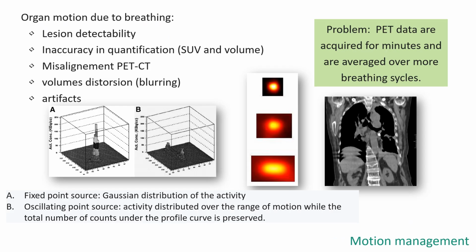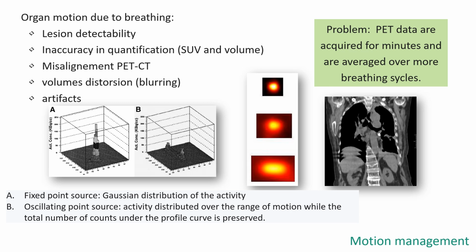Organ motion is another challenge that has been studied, and different solutions have been proposed to try to avoid artifacts due to breathing. The problem comes from the fact that the PET data are acquired for minutes to collect enough count statistics, while the CT that is used for attenuation correction is acquired in free breathing, and this can bring artifacts in the attenuation map.